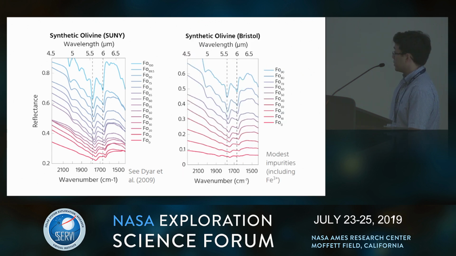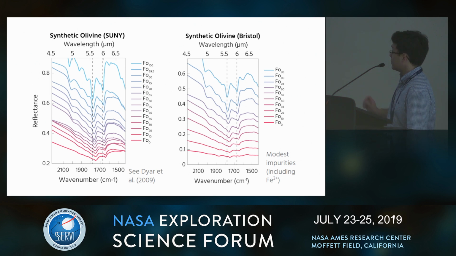So when we then draw in the data from another well-known, well-characterized suite of olivines described by Darby Dyer, the so-called Bristol suite, which has more stoichiometric contamination, including oxidized iron, we see a similar trend.